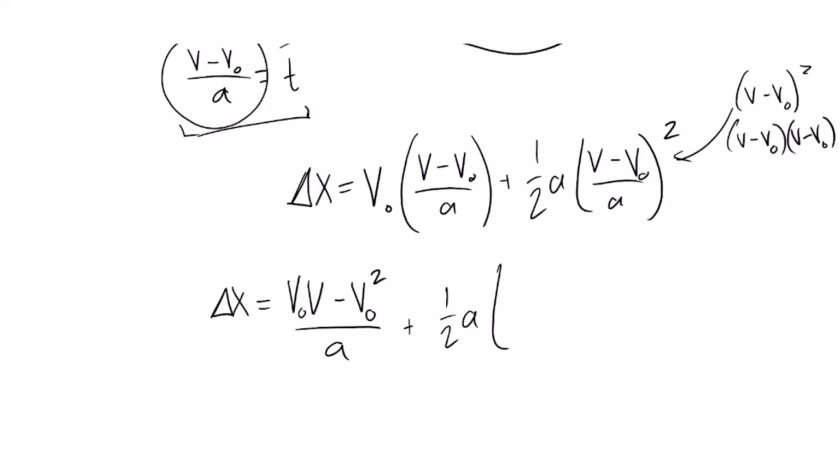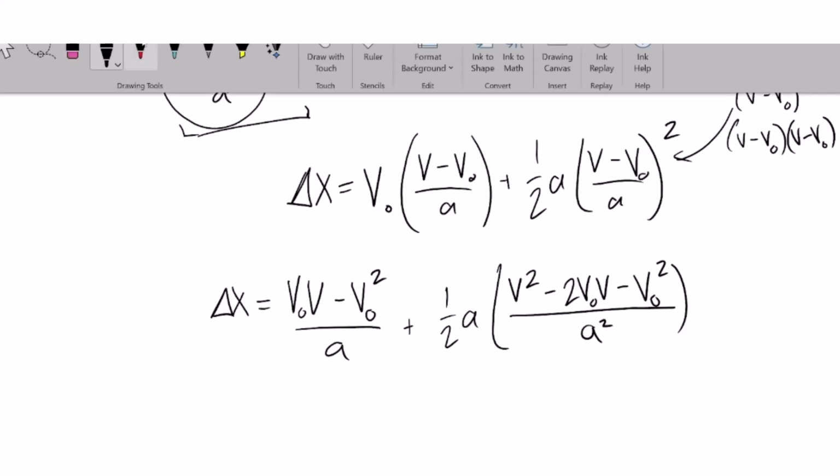And that should give us, ultimately, when you FOIL that, v squared minus 2v naught v minus v naught squared. And that will all be over a squared, and we square everything inside the parentheses. Okay.